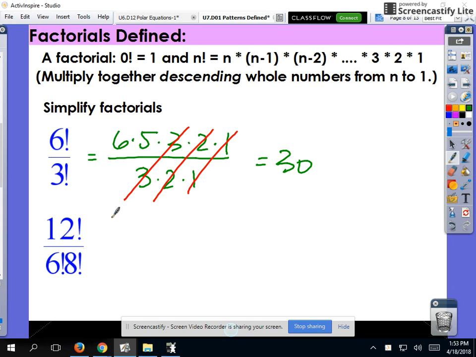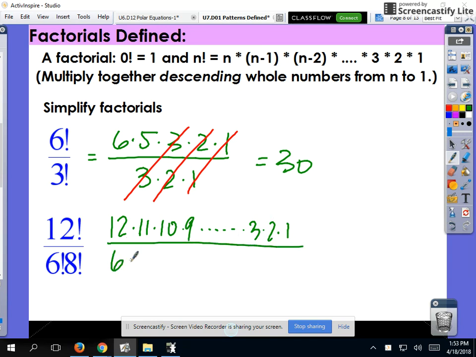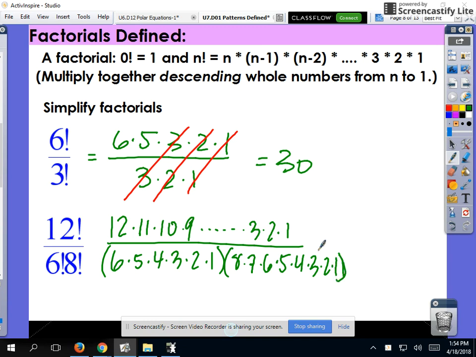So 12 factorial is 12 times 11 times 10 times 9, all the way until we get to times 3 times 2 times 1. 6 factorial, 6 times 5 times 4 times 3 times 2 times 1. And then we have 8 times 7 times 6, 5, 4, 3. That's crazy.